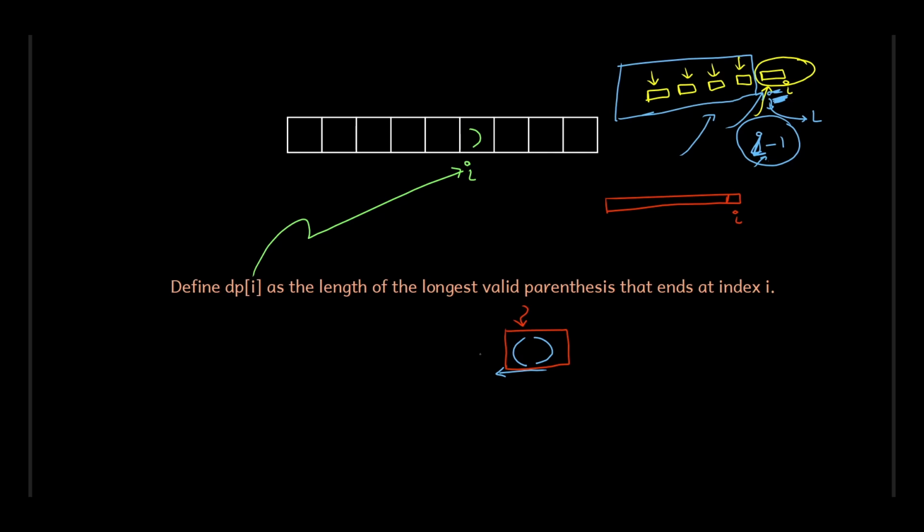So if this is your index I and this is your index L, then the length would be 2 plus dp of L minus 1.